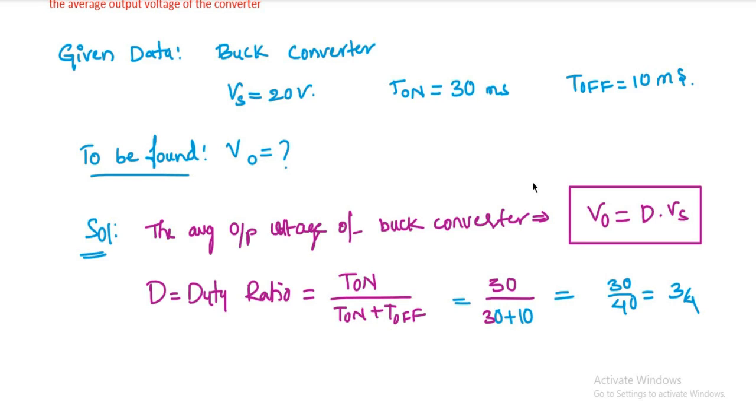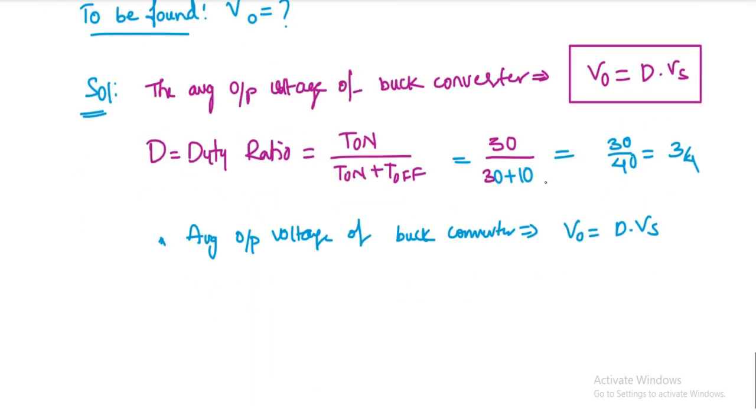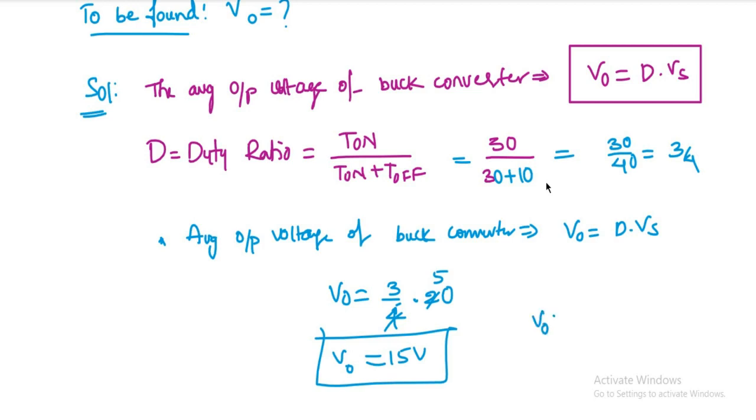So the duty ratio is 3 by 4. Now we can find the average output voltage of the buck converter. V0 equals D into Vs, which is 3 by 4 into 20, that is 15 volts. The output voltage is less than the input voltage, because it is a buck converter or step down chopper.